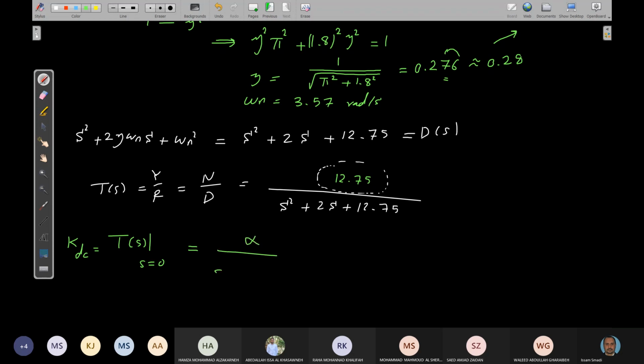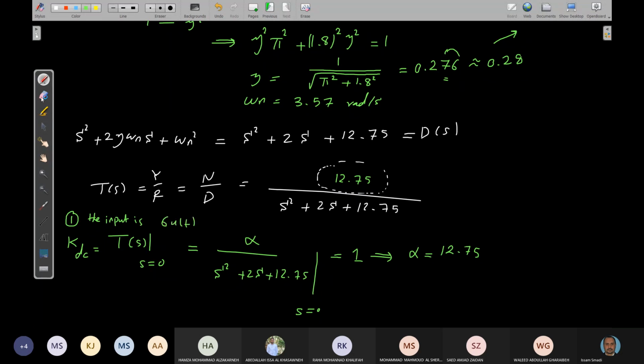So alpha over S square plus 2S plus 12.75. If I evaluate at S equal to 0, what should I get? 1, correct? If the DC gain is equal to 1, according to my assumption. So in this case, alpha is equal to 12.75, under the assumption that the input is 6 U of t.